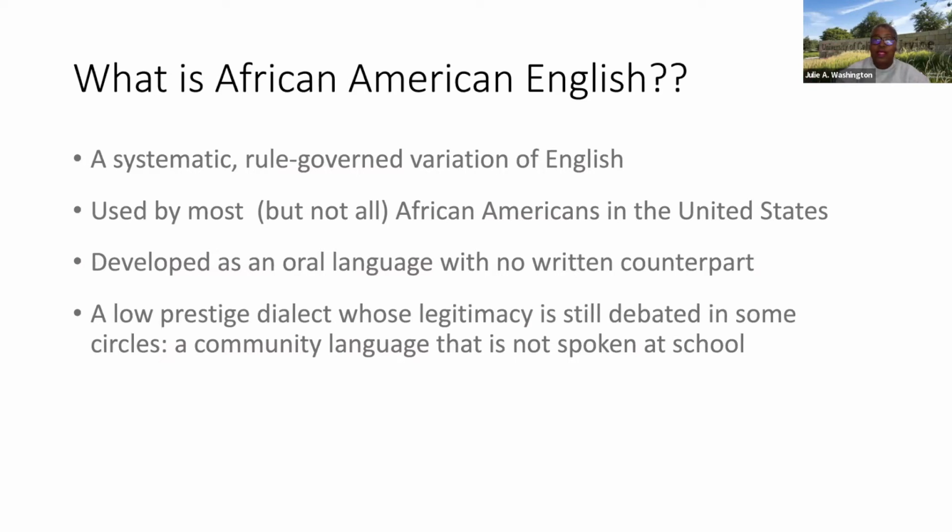We think your language variety reflects your intelligence, which is really unfair to speakers. I have a very good friend who has a Southern accent, who has a PhD in statistics and is reticent to talk around people because they think she's dumb just because of her accent. So this idea of low prestige has real consequences, not only societally, but also educationally.